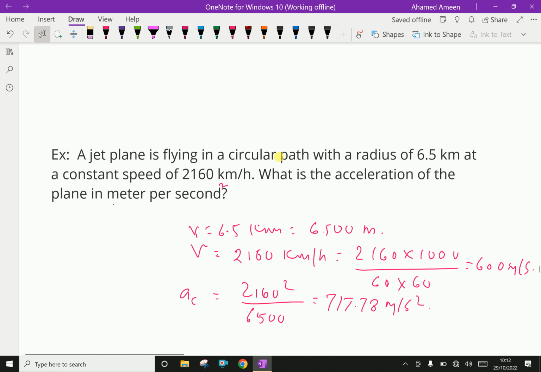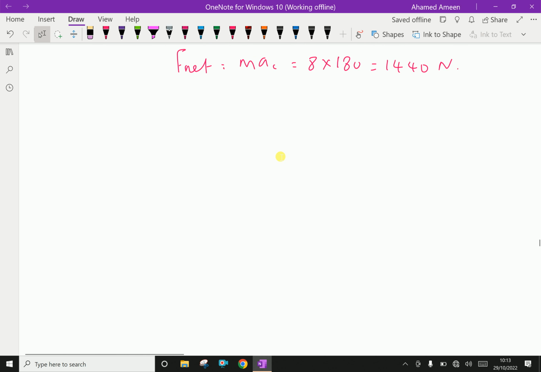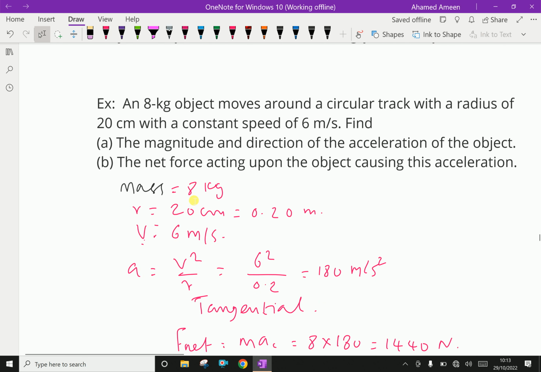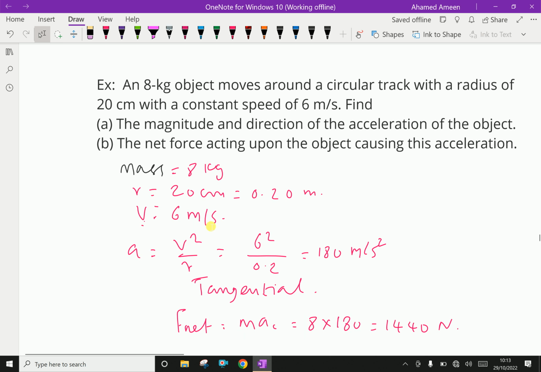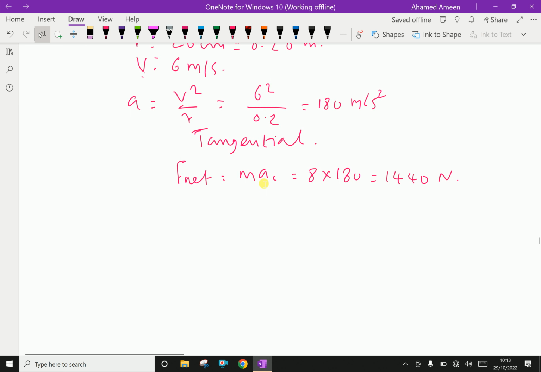Now, so far we have done this. Here mass is given, radius converted into meter, v equal to 6 meter per second. Acceleration is v squared by r. This acts tangentially. And net force is ma, that is mass into acceleration. So we have 1440 Newton.